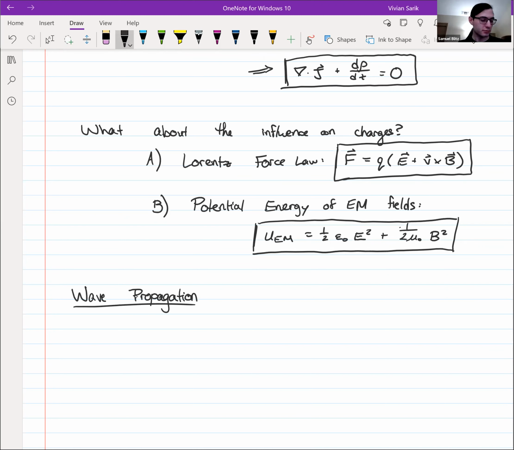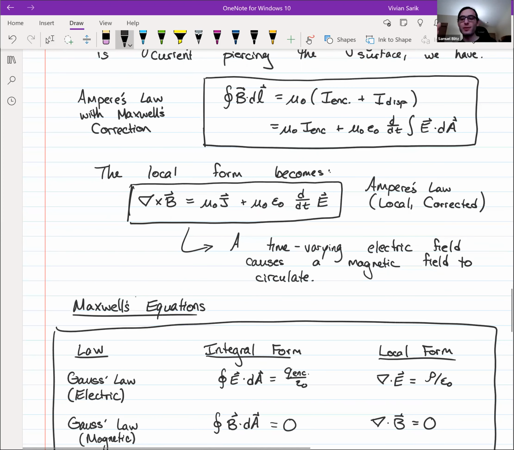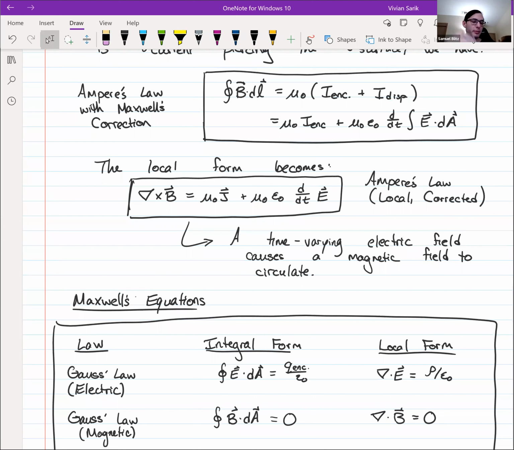So, as I established earlier, if you have a time-varying electric field, that can produce or induce a magnetic field, and vice versa.